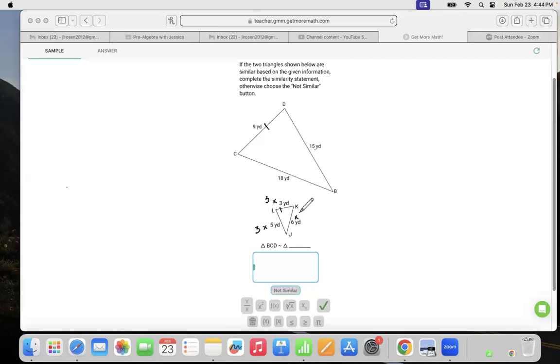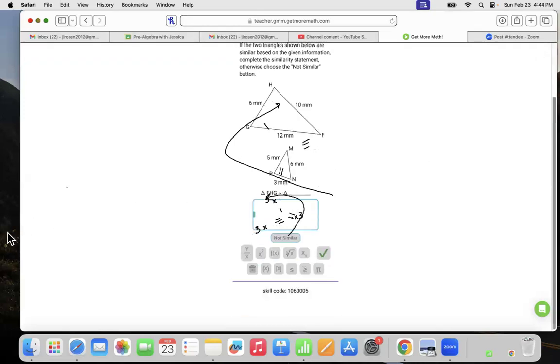And then this one is 6 times 3, which is how they got 18. So I'm going to say, okay, 18 is 2. This one is 2. This one is 3. And that way it's already drawn out. And I have B, C, D. So it's 2 tick marks, 1 tick mark. And let's see, 2 tick marks, 1 tick mark. So it's going to go J, K, L.